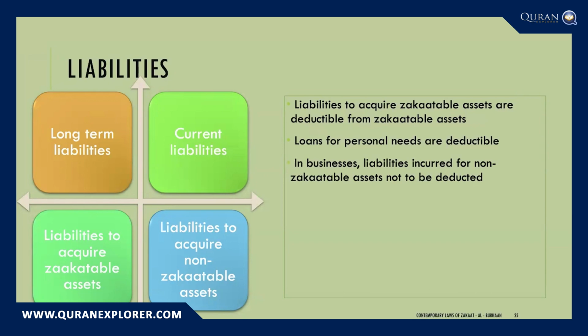And just another note, when you do have Sharia compliant financing, it's important to understand the contract that you have with the finance house. For example, where you have a musharaka, all of the liability is not necessarily due at the time that you're calculating your zakat.